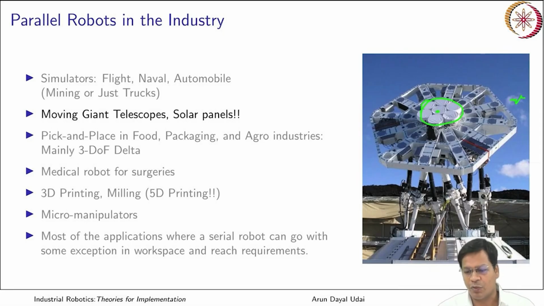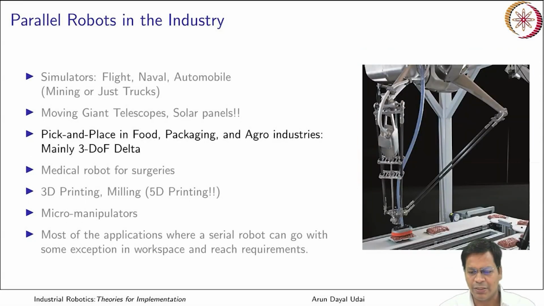So that is the reason it requires a very stiff base and a very precise end effector, okay. So for mounting any giant telescopes or even solar panels, normally parallel platforms are used, okay.